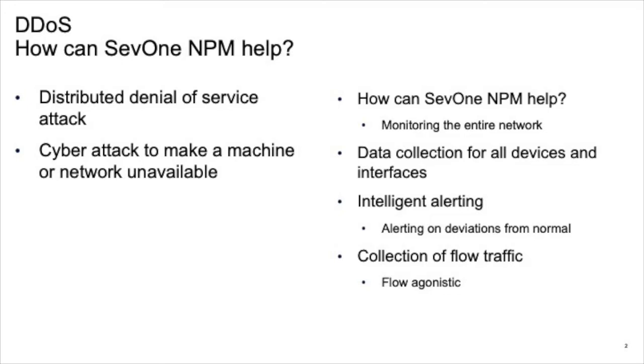Well, for starters, SEV1 can collect data from everything in your network. So if SEV1's collecting all of your data, we can give you guys a single place to go to look at your data sets to figure out whether or not I'm being attacked, or whether I'm having a problem anywhere else. Secondly is intelligent alerting. Because SEV1 is collecting all of this data, we can take all of this data, store it, and then use the historical data that we've collected to notify you, the end user, that something is different than what we normally see.